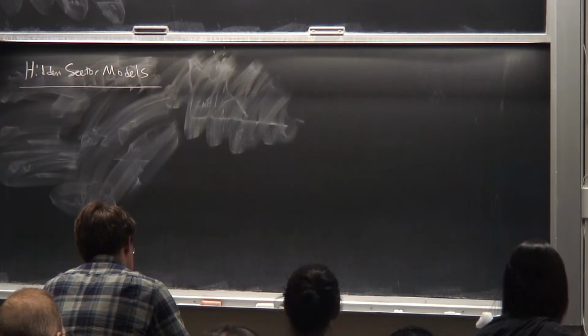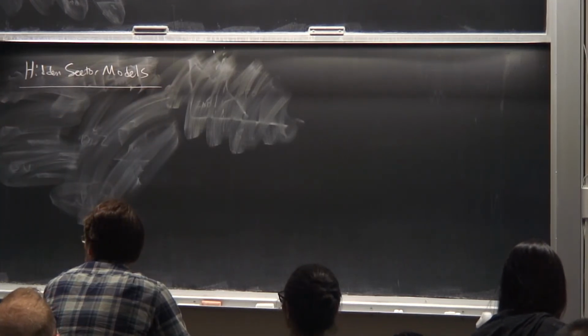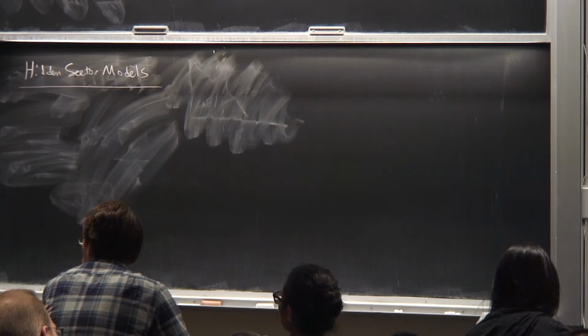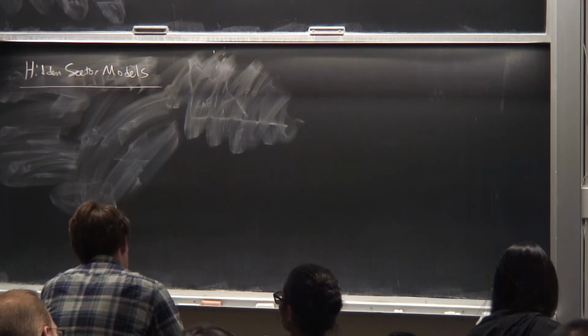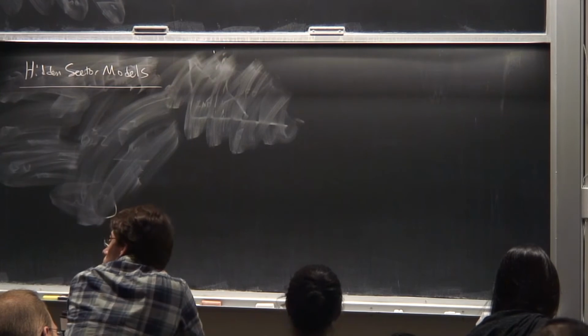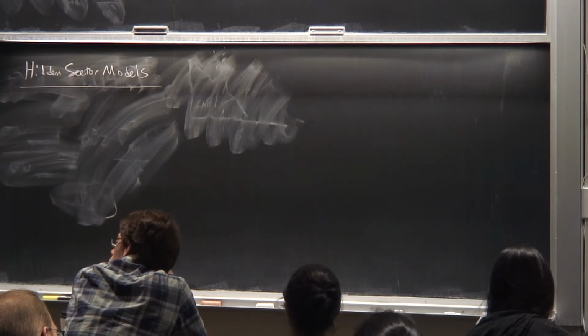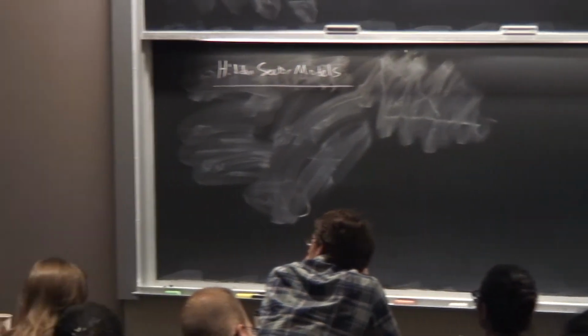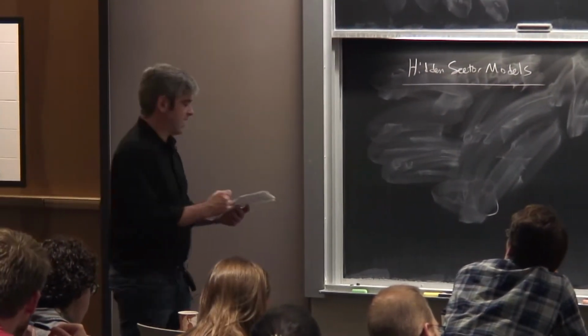All right, so sometimes people call this class of models hidden sector models. That's what I tend to call them. Some people call them dark sector models. Some people mean different things by these words. We haven't settled on a well-defined nomenclature. That's also true for the word WIMP, by the way. People use that word to mean a lot of different things. But I'll tell you what I have in mind.